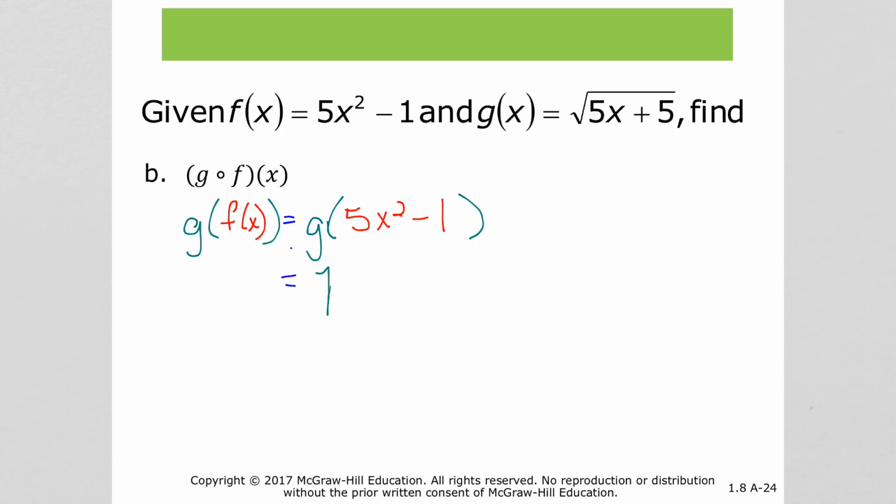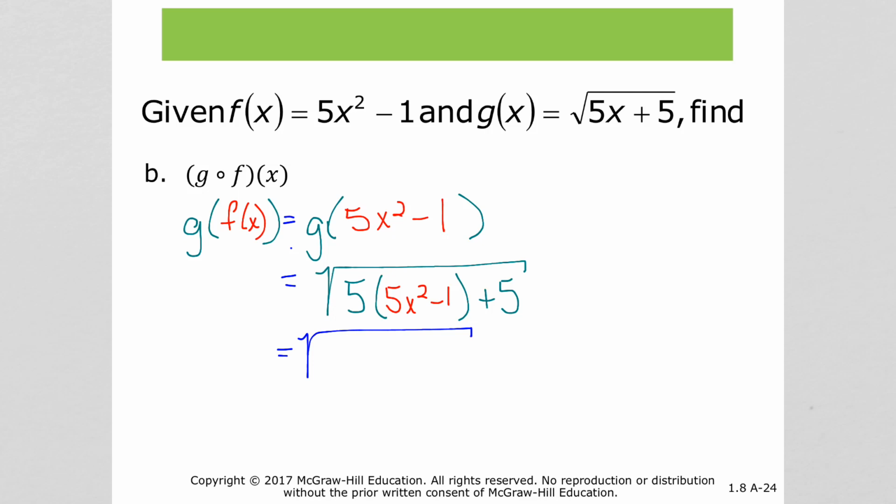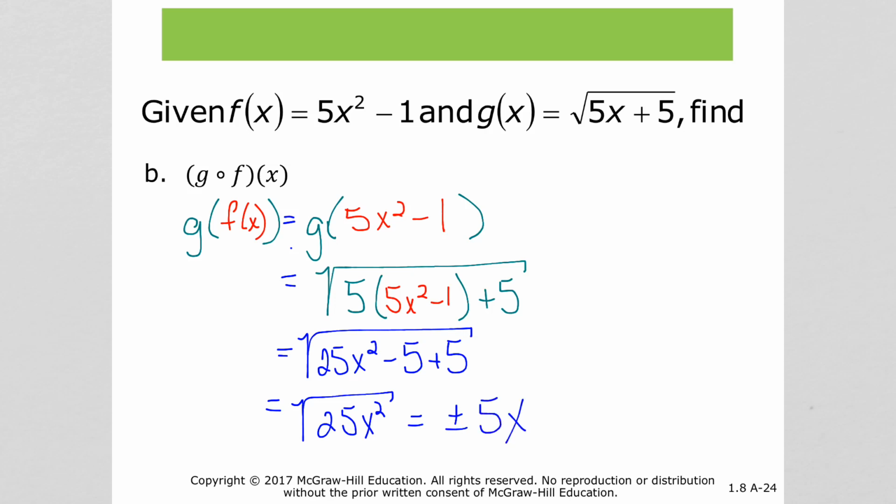So we've got the square root of 5 times 5x squared minus 1 plus 5. So we can distribute inside our radical here. The 5's go away, so we get the square root of 25x squared. And so that would be positive or negative 5x.